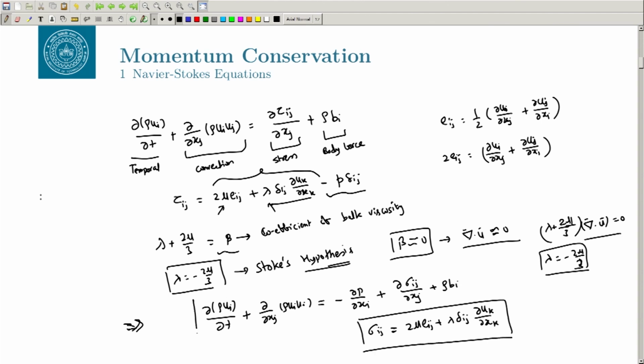So, this is your final momentum equation. You can express it in different forms, and this is the differential form.